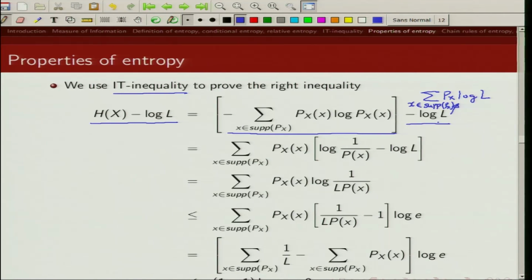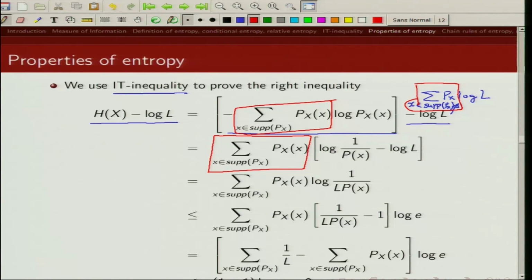So if I write log of L in this particular fashion, you can see this term and this term have p of x in common. So I take this term out.